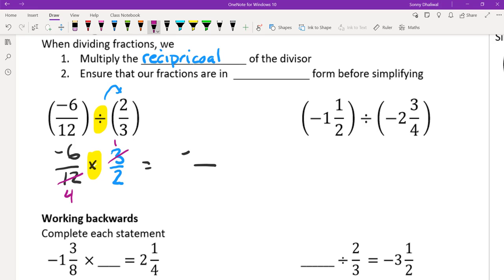Yes, Sadie? 6 and 2, so 6 and 2 can both be divided by 2. So 2 divided by 2 is a 1, and 6 divided by 2 is a 3. That looks about as far as we can go. So we end up with negative 3 over 4. Negative 3 times 1 is negative 3, and 4 times 1 is 4.